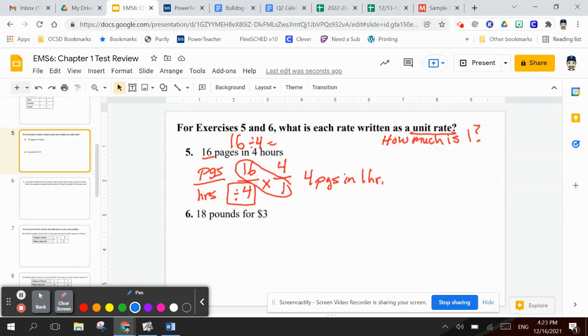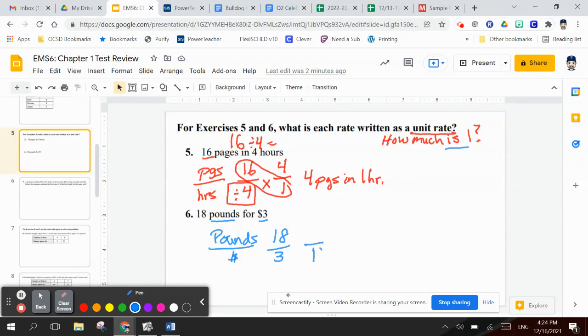We look at number 6. 18 pounds for $3. What are we comparing? Pounds to money. So I have 18 pounds for $3. I want to know how much is 1.